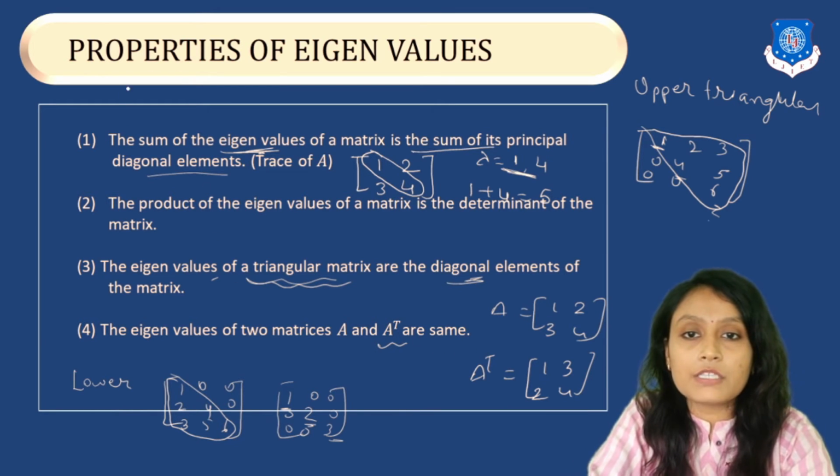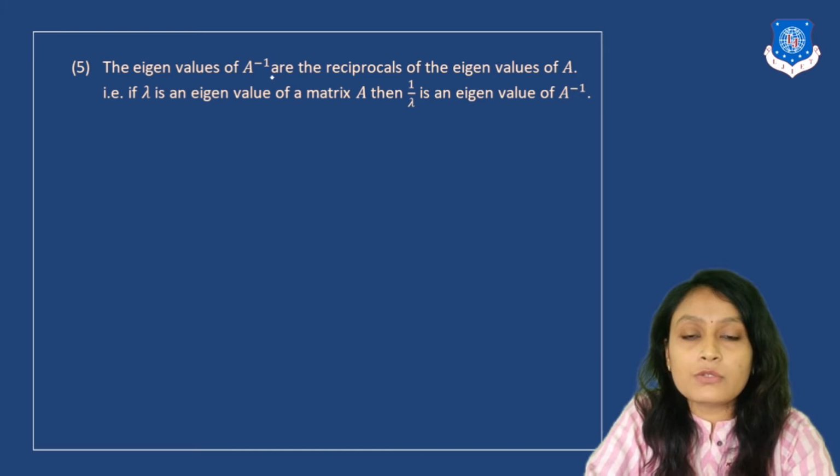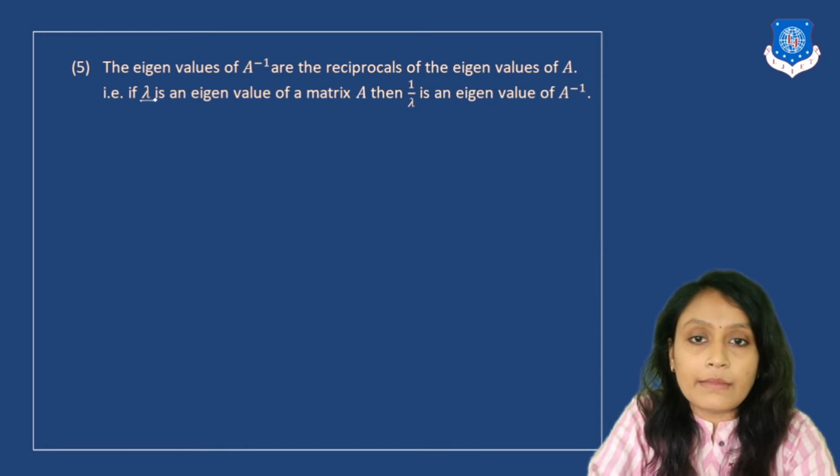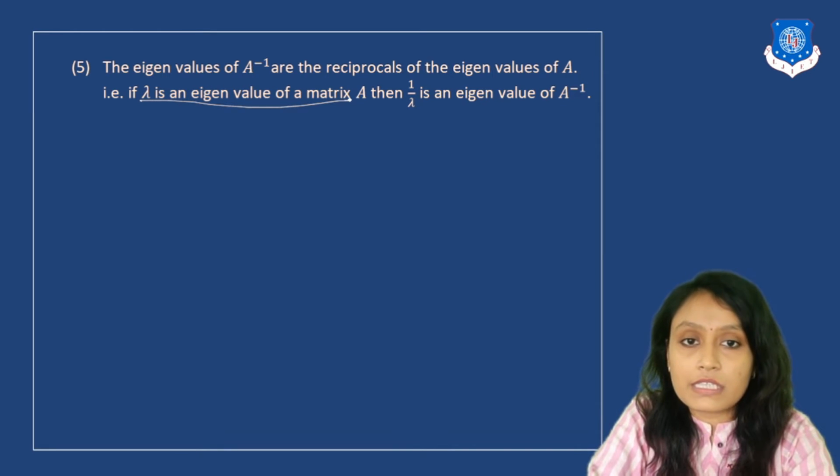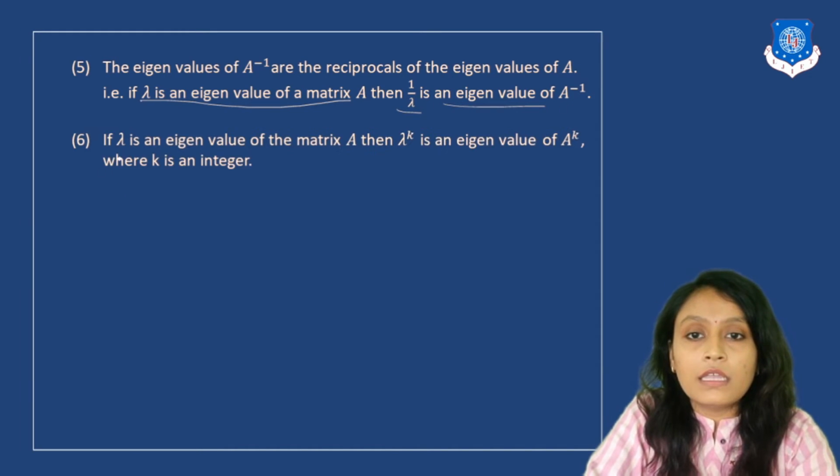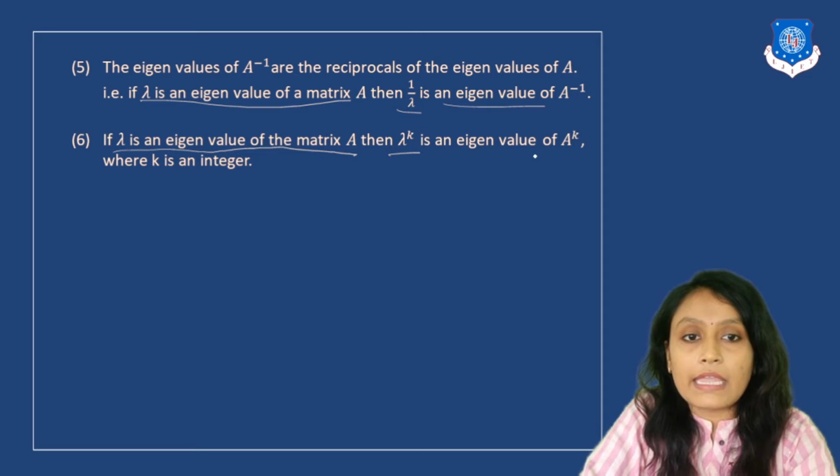Now the next property is that the eigenvalues of A inverse are the reciprocals of the eigenvalues of A. If lambda is the eigenvalue of matrix A, then 1 upon lambda is an eigenvalue of A inverse. Next, if lambda is an eigenvalue of matrix A, then lambda raised to k is an eigenvalue of A raised to k, where k is an integer.